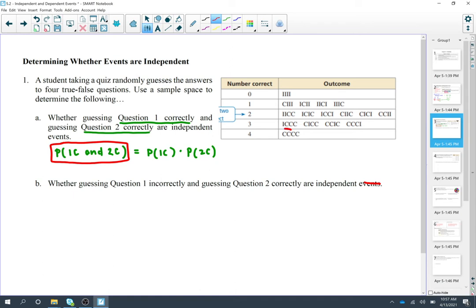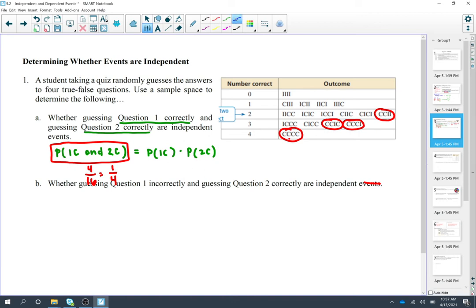We have 1 and 2 are correct here, here, here, and here, and I think that's it. There are 16 total outcomes if we count them up. 4 out of 16 gives me 1/4.